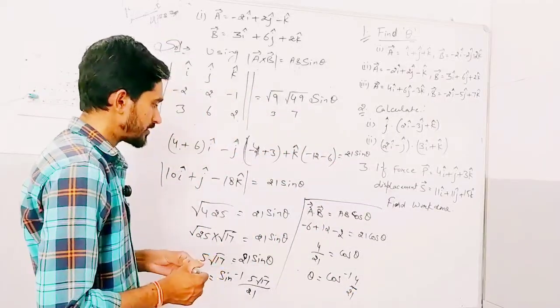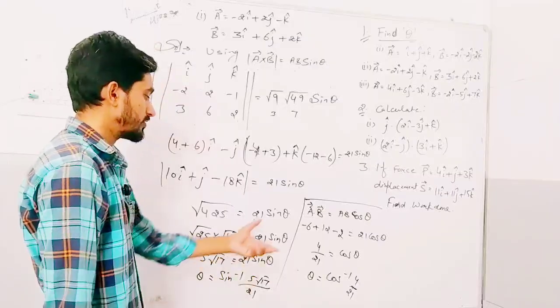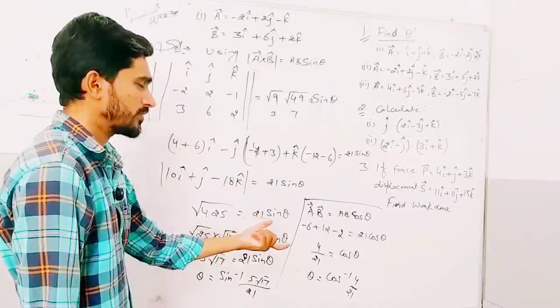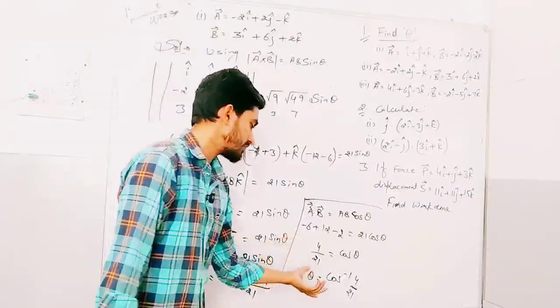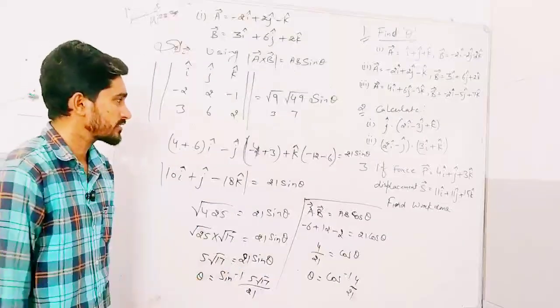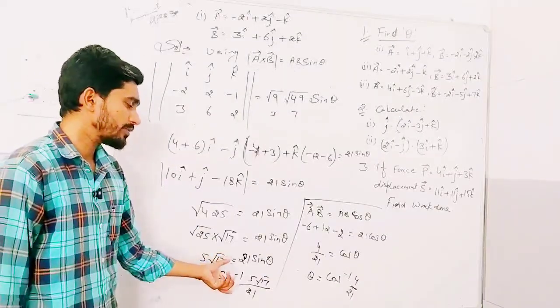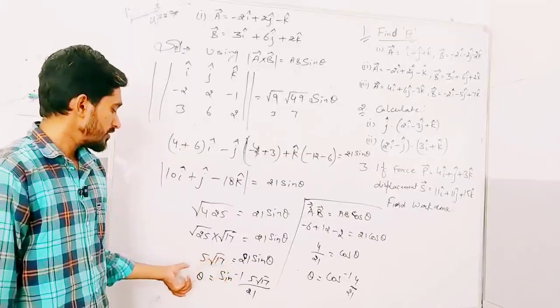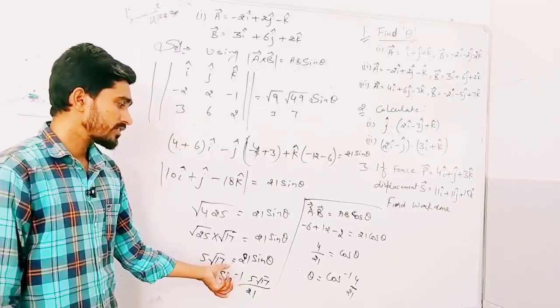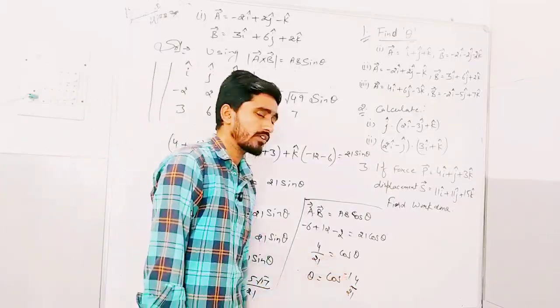Okay, fine. If this answer is given, fine, we have calculated this answer, then both the answers are correct. Theta at this value gives the same answer as that of this value.